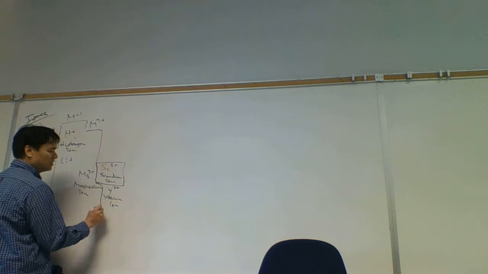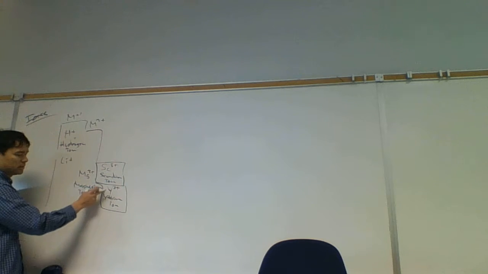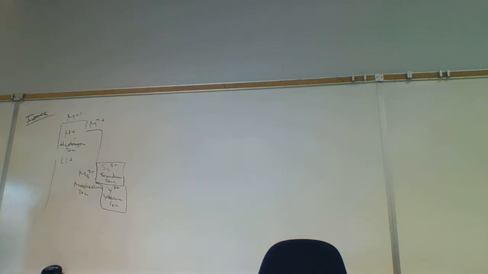And then next to scandium is yttrium, which is 3+ right below it, which is the yttrium ion. Scandium is pretty common. Yttrium was common for a while because some superconductors had yttrium in there.